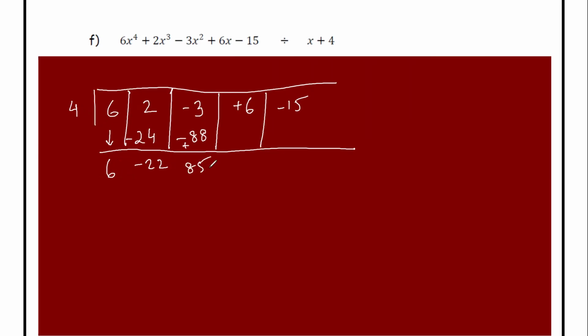And then 85 times 4 is 340. So in synthetic division, the only thing is the layout. You need to memorize the layout, and then things will start flowing for you. So now this is negative, obviously.